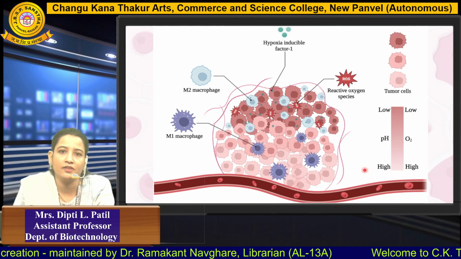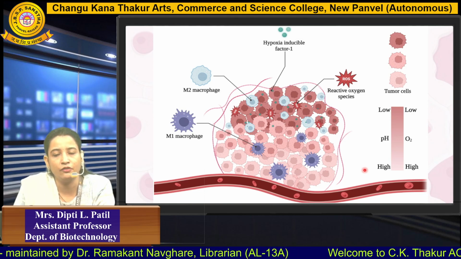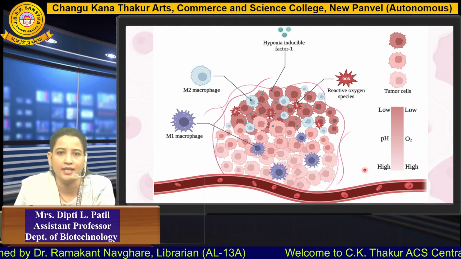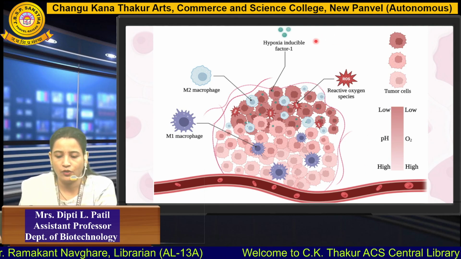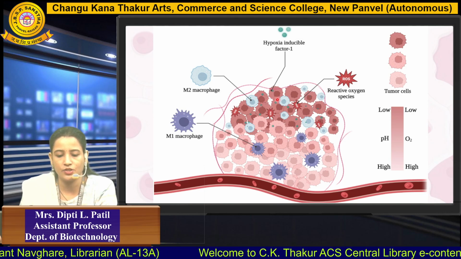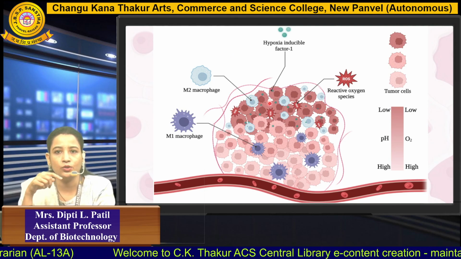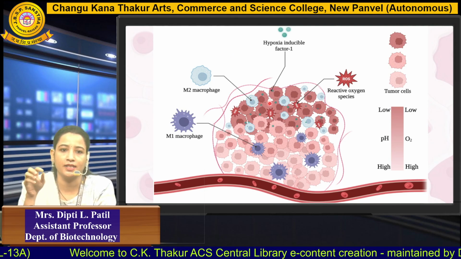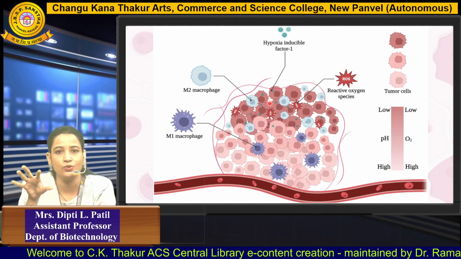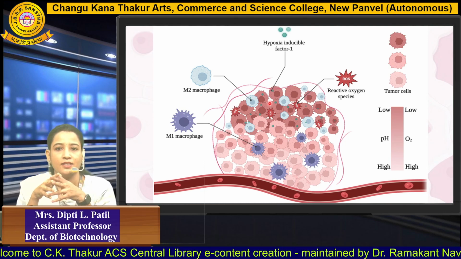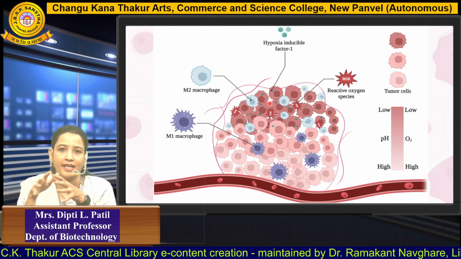This hypoxia inducing factor starts the formation of new blood vessels, and then the tumor enters and invades the surrounding healthy tissues, and in this way the cancer, or we can say the tumor, gets enlarged in the body.